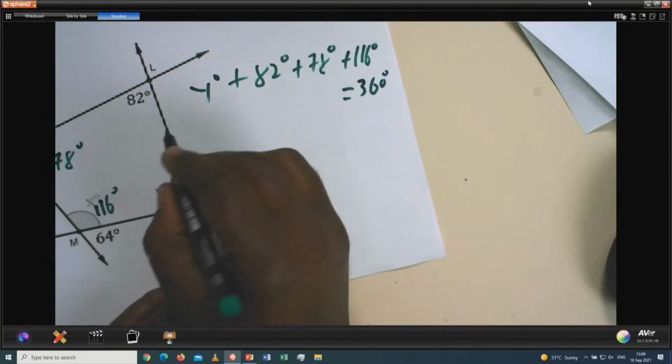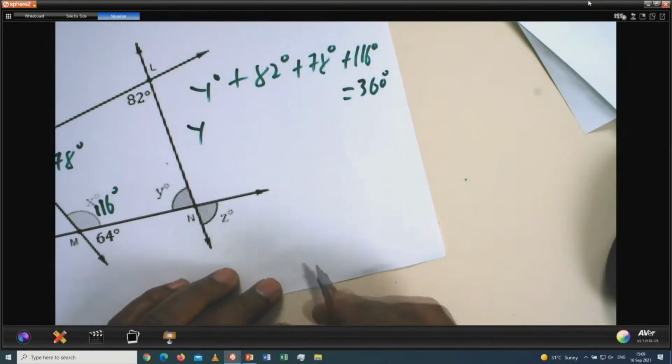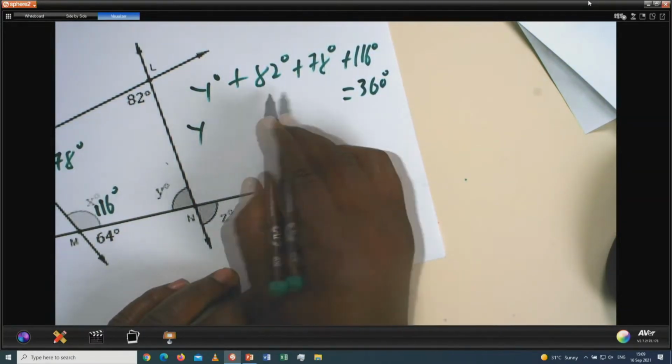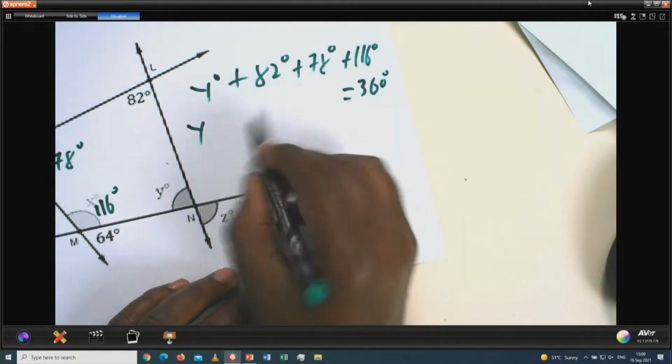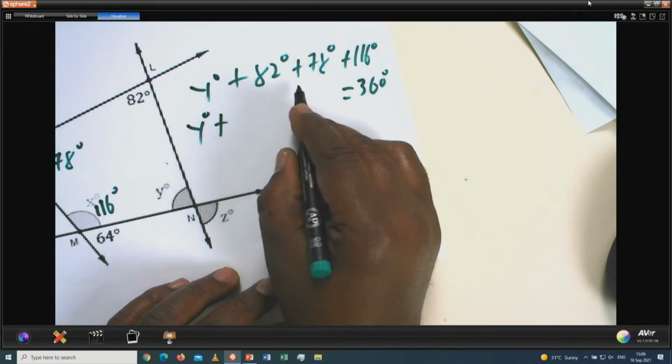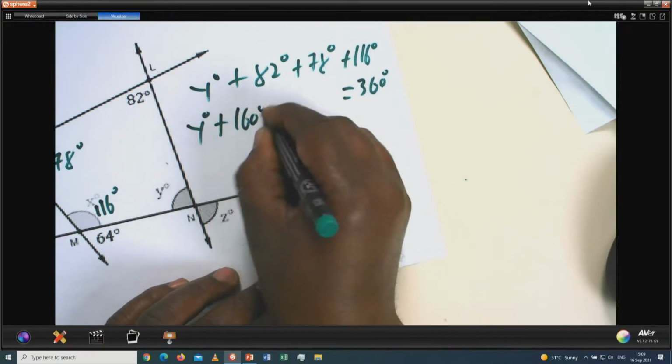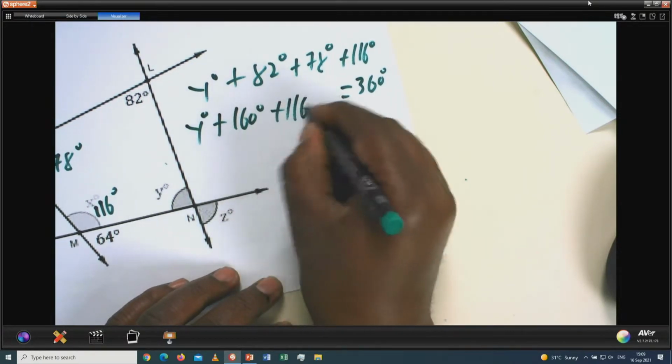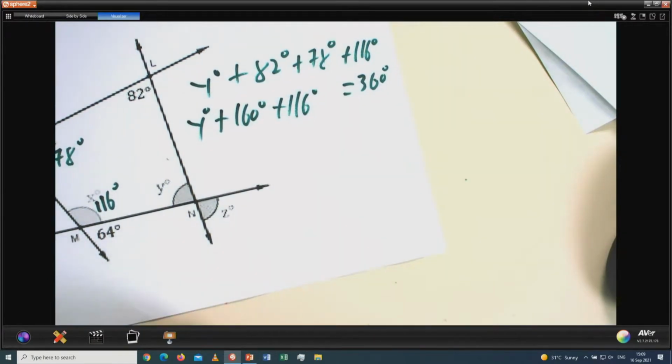Then we say your Y: 82 plus 78 is 160. 160 degrees plus 116 degrees.